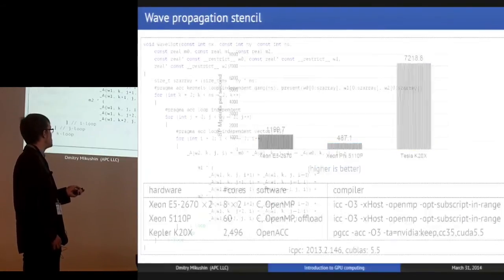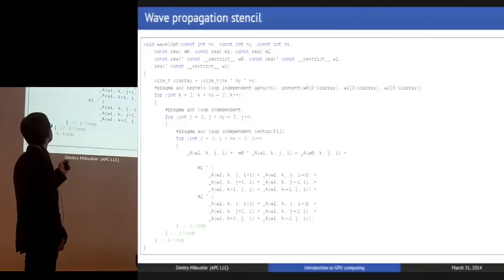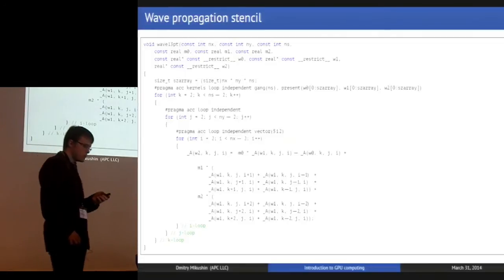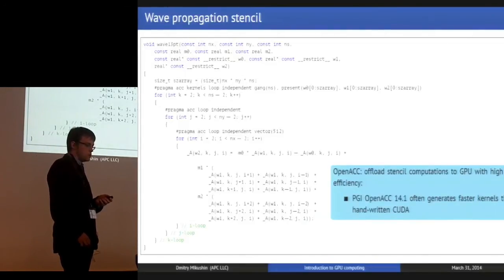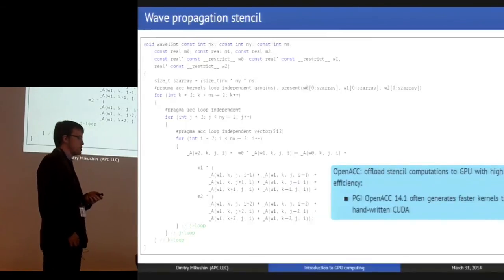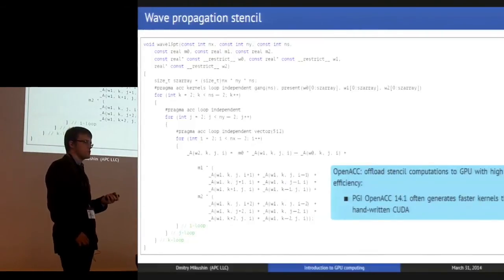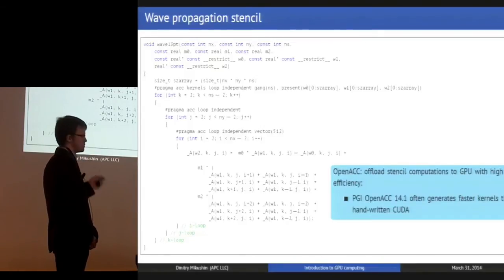Instead we use OpenACC, which for the programmer means adding only these 3 directives: acc kernels, acc loop independent, and again acc loop independent vector. PGI recently released the new OpenACC compiler, and it turns out that it often generates faster code than even handwritten CUDA, the handwritten CUDA that you can write by hand probably in several days. And this is just 3 directives.